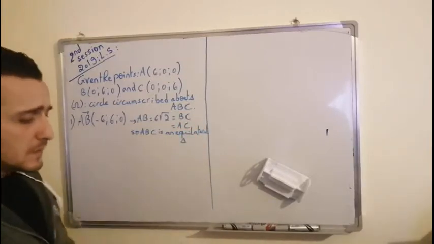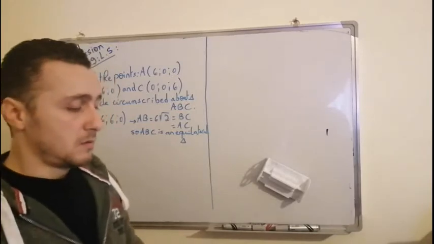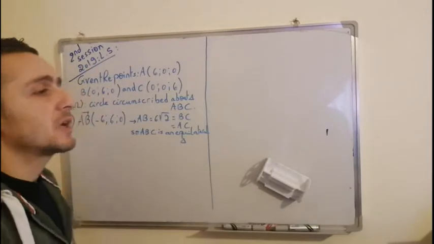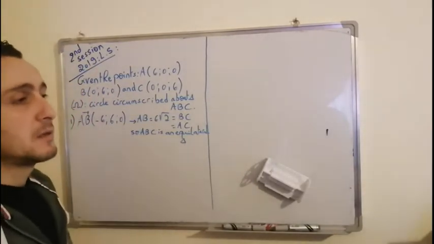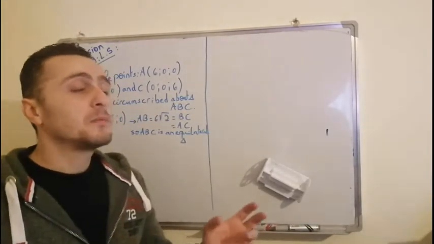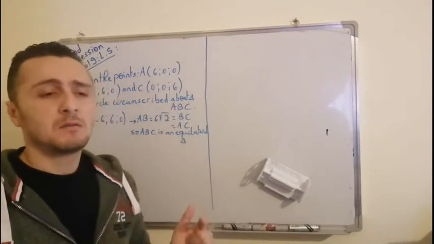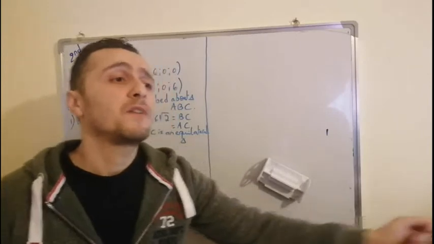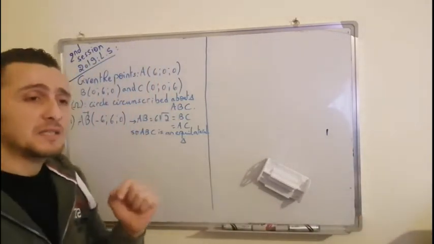Okay? Second question is, write a Cartesian equation of plane P. The plane P is determined by the 3 points ABC. Also, it's easy. How can we find the normal vector of this plane?